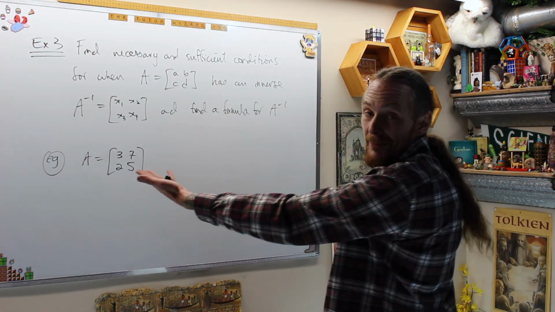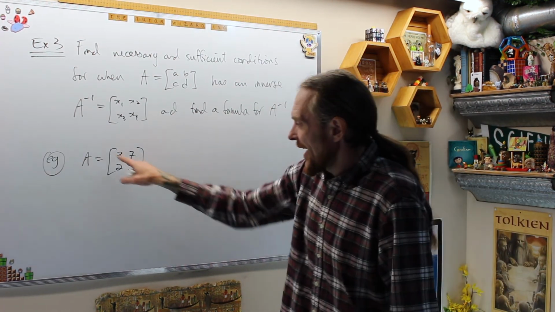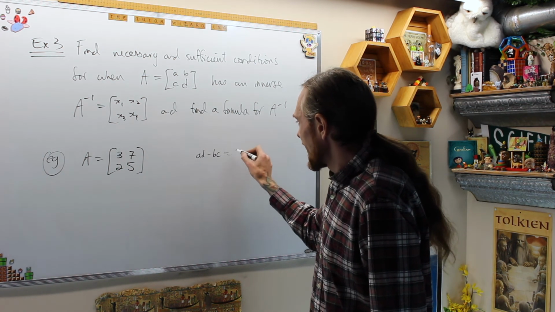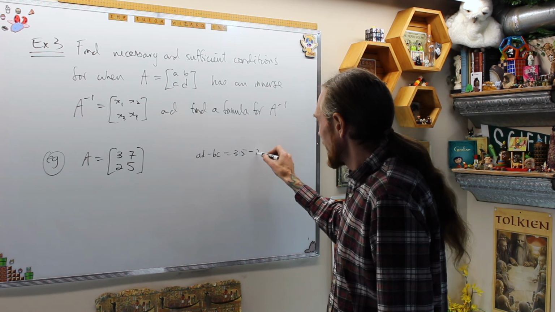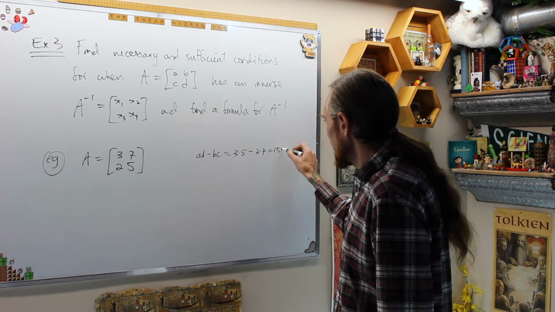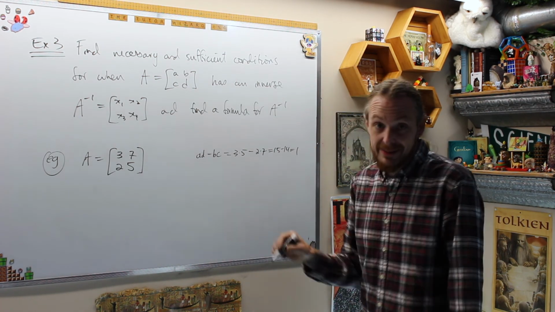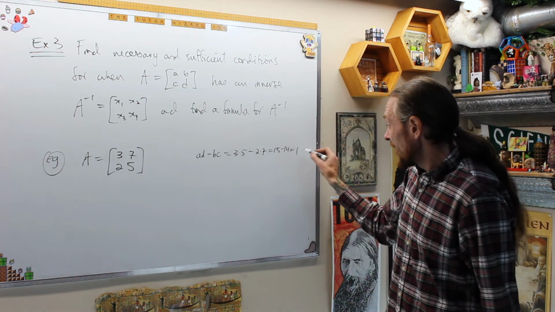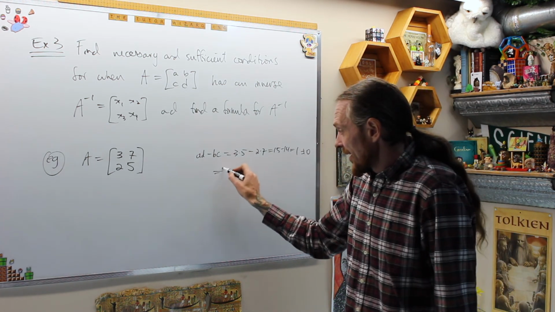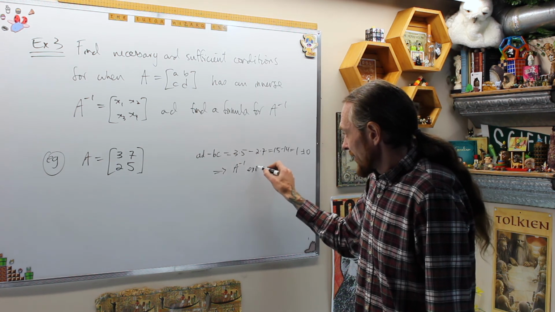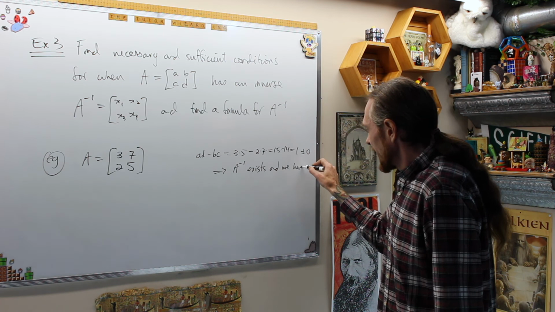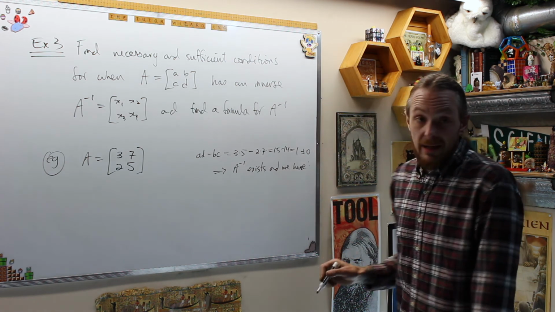All right, if we have a matrix, remember this is AD minus BC. So first of all, we need AD minus BC, which is 3 times 5 minus 2 times 7, which is 15 minus 14, which is 1, which I was calculating in my head before. That's how I knew that it was invertible. That tells me immediately, it's not 0. That says A inverse exists, and we have explicitly a formula for that.